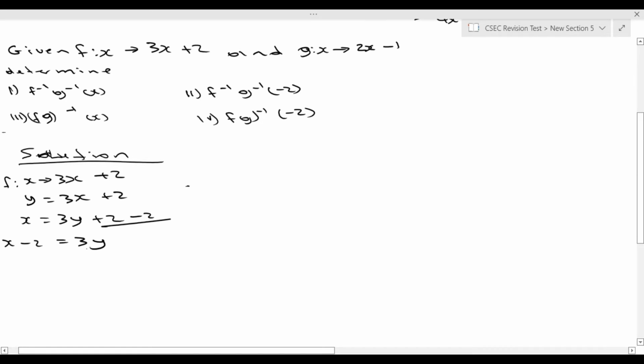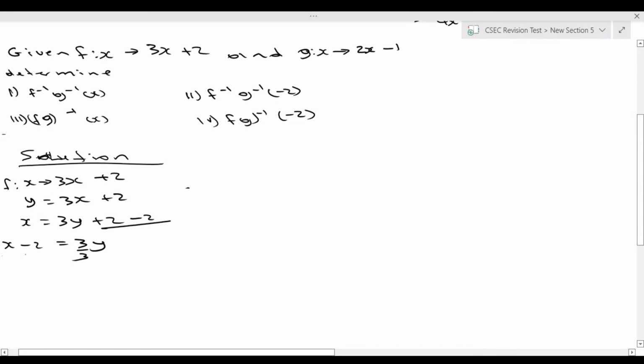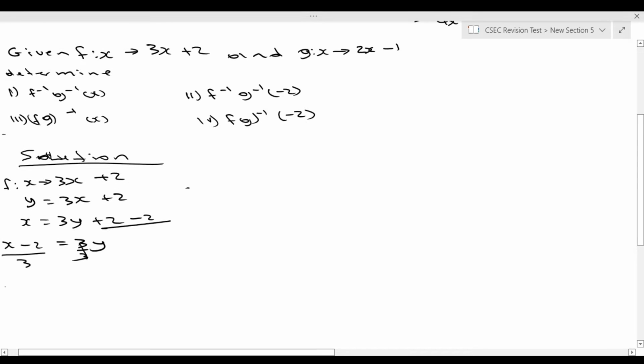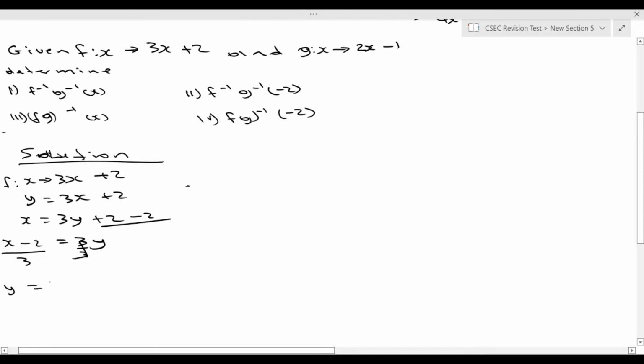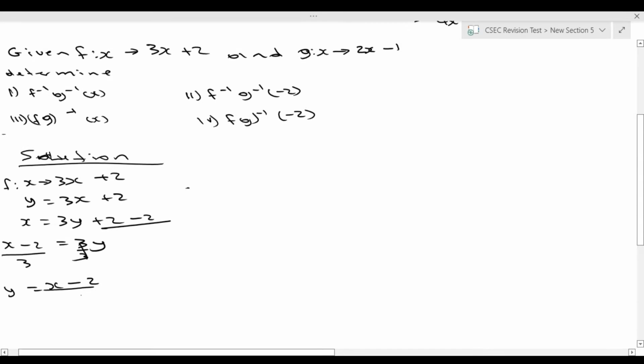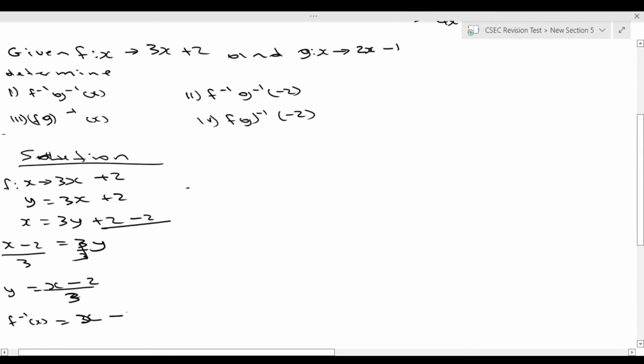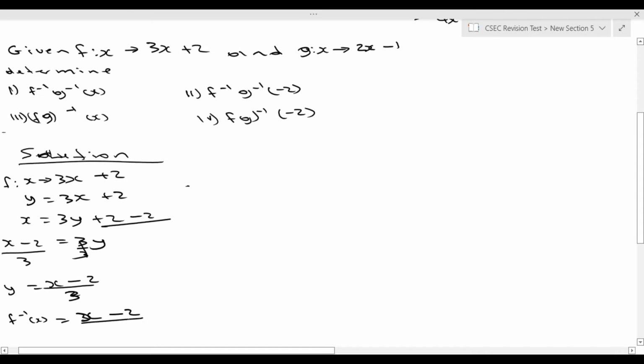Our 3 is being multiplied by the y, so we're going to divide by 3. We flip it and put the y on this side, so our f inverse is equal to x minus 2 over 3.